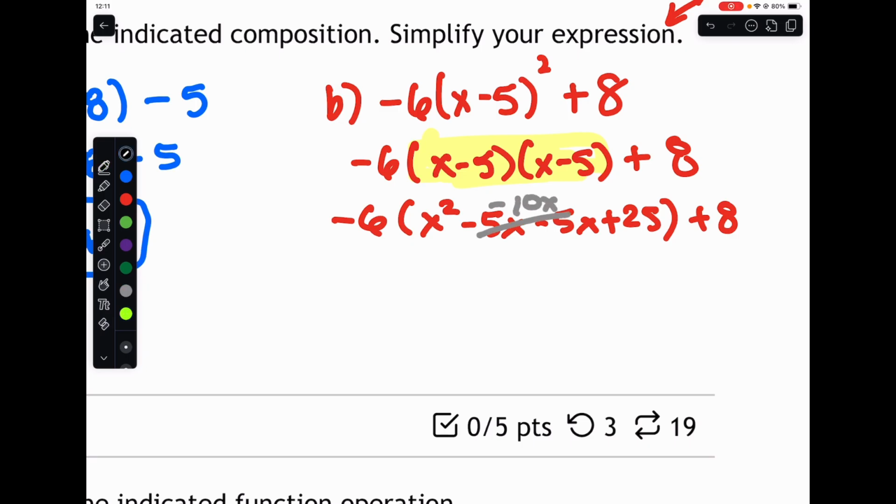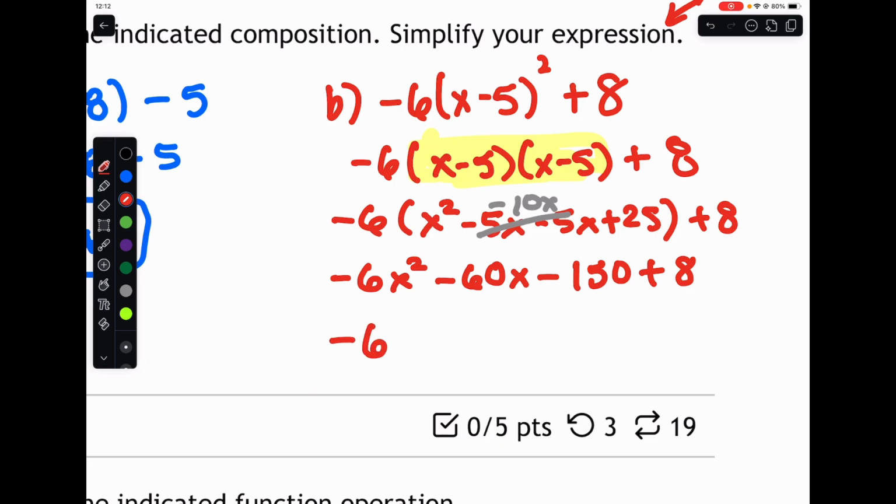Distributing the 6 inside there, we'll end up with negative 6x squared, negative 60x, and negative 150. And we're going to bring down the 8. So now negative 6x squared minus 60x and negative 150 plus 8 equals a total of negative 142.